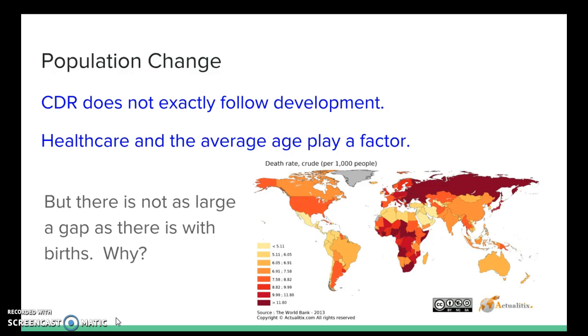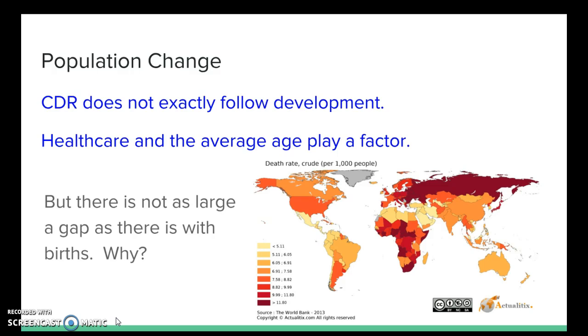It's the least developed countries, yes, they do have high crude death rates overall. But it's also some more developed countries that have high crude death rates as well. And one of the main reasons for this is not just because of development, but because of the age of the population. Young people, middle-aged people, tend to be healthier and recover better from diseases than people who are elderly.